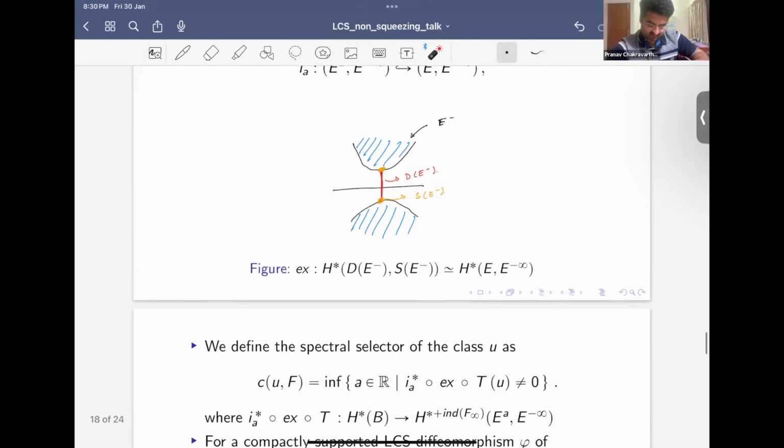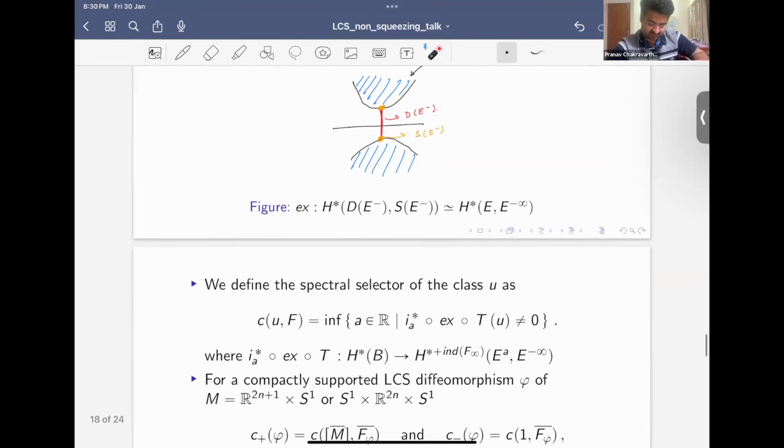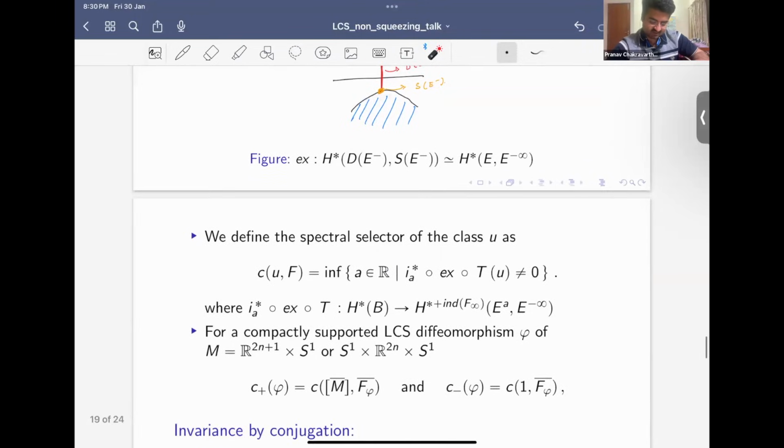Combining all three morphisms, you can define a spectral selector. Given a cohomology class U on the base, if I apply the Thom isomorphism followed by the excision morphism and pull back via the inclusion morphism, I get a map from the cohomology of the base to the cohomology of EA, E minus infinity. I can look at the minimum A for which this doesn't vanish.